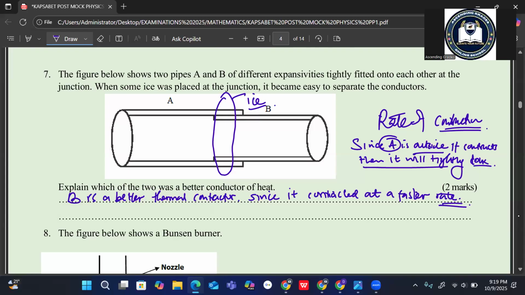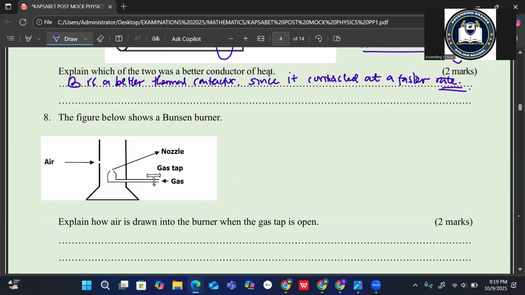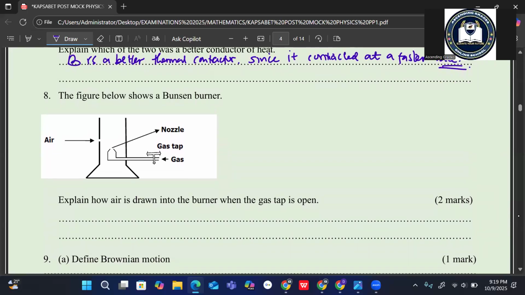We have question 8. You are told that the figure below shows a Bunsen burner, and you are asked to explain how air is drawn into the burner when the gas tap is open. So we open this, and we expect the gas to be moving upwards.